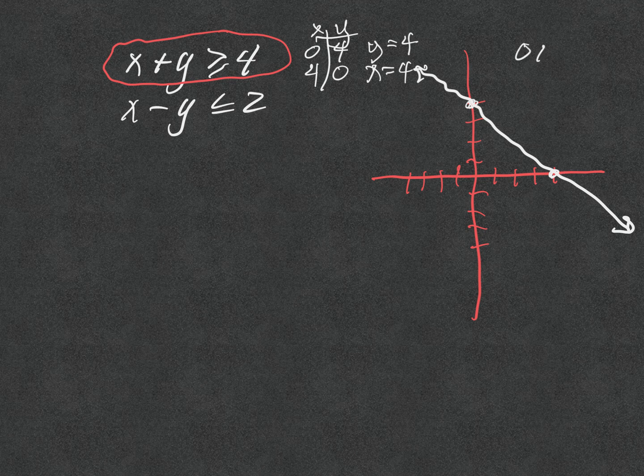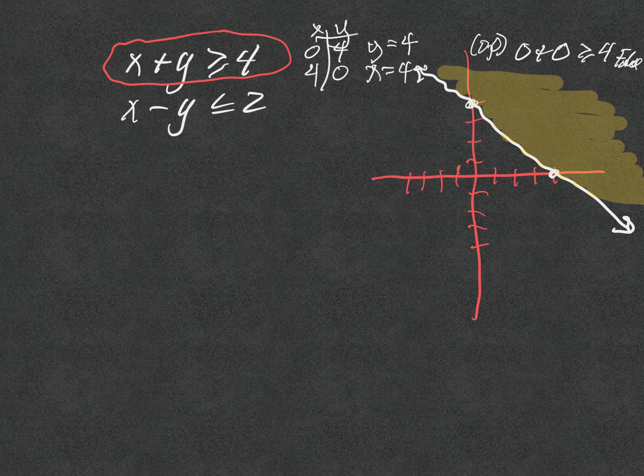Is 0 plus 0 greater than or equal to 4? That is false. Since it is false, I shade the other side. So that's how this works. I would shade the other side, and that's what I'm doing right here. Just shading it. And that's how we did it with one inequality.